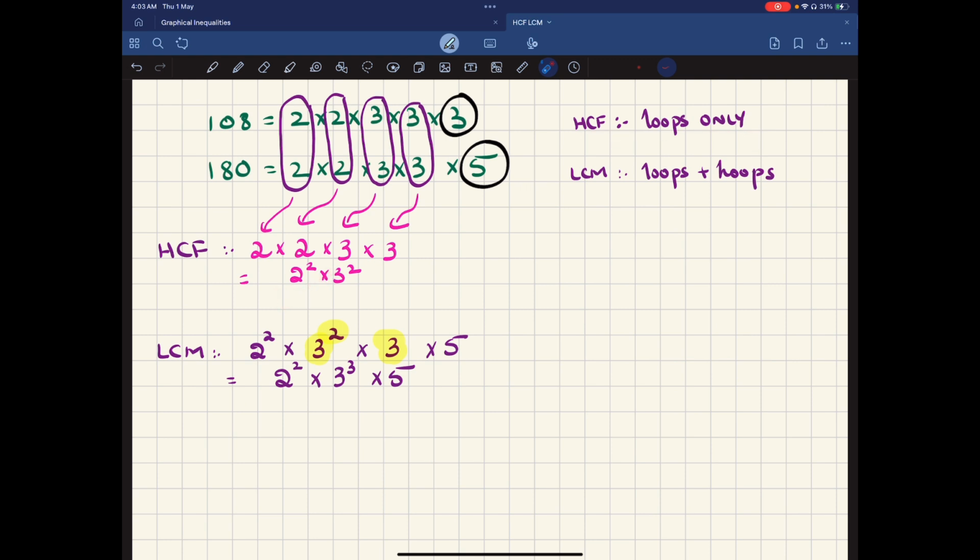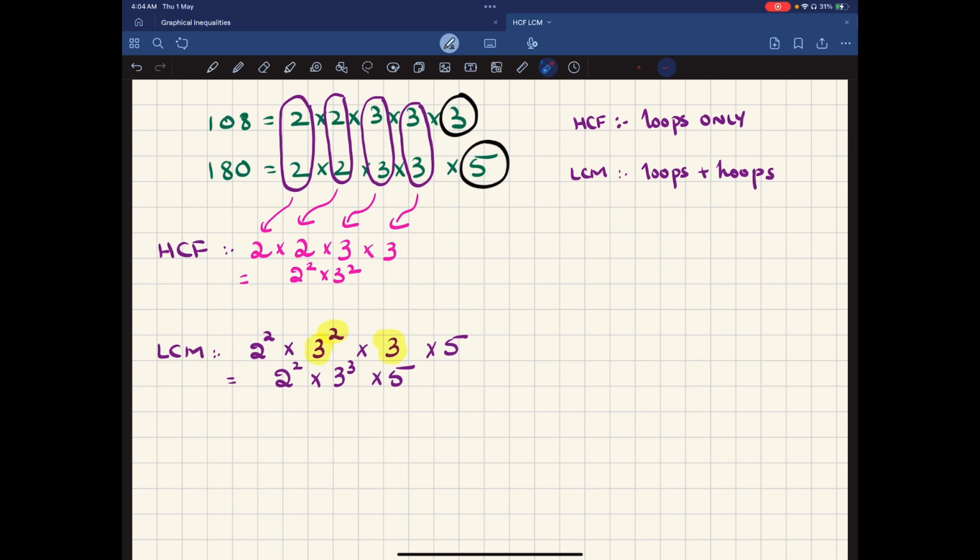While your LCM is loops plus the hoops, okay? I hope this is clear. And using this, we can also figure out a general rule that we can utilize in order to find the HCF and LCM of numbers. Okay, now what is that rule?